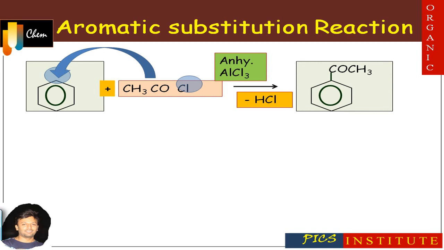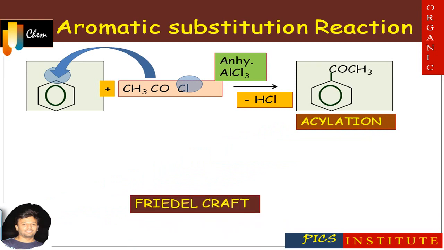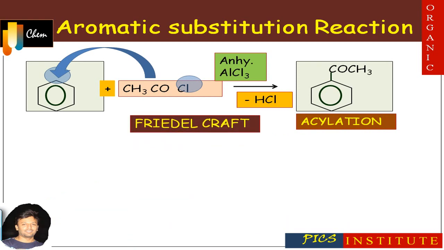The attached species is acyl group or acetyl group, and that is why the reaction is called acylation reaction or acetylation reaction. It is also known as Friedel-Crafts acylation or Friedel-Crafts acetylation reaction.